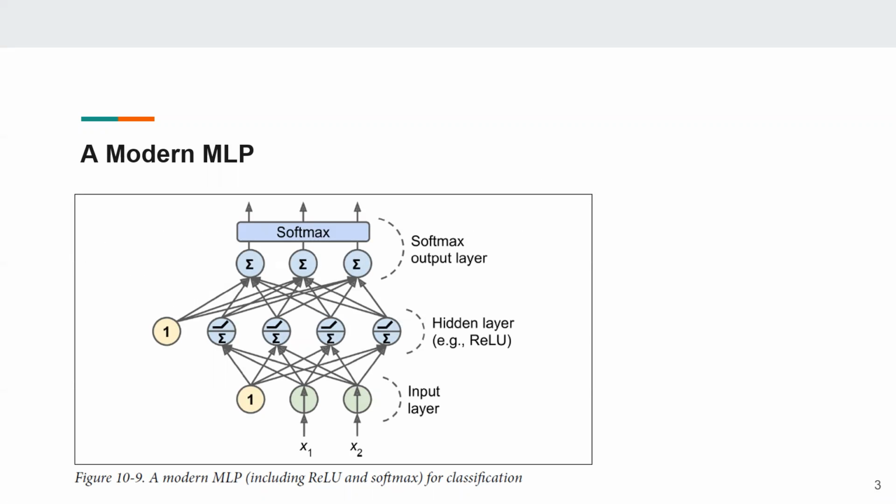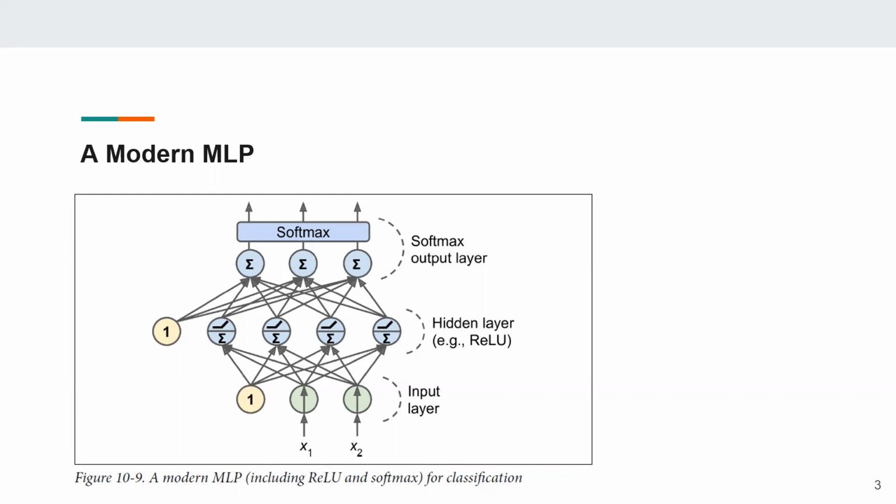As we discussed, we have an input layer, and we potentially could have multiple hidden layers. Using one hidden layer to give you a flavor of how that would look, in the hidden layer you could use the rectified linear unit, ReLU, as an activation function.